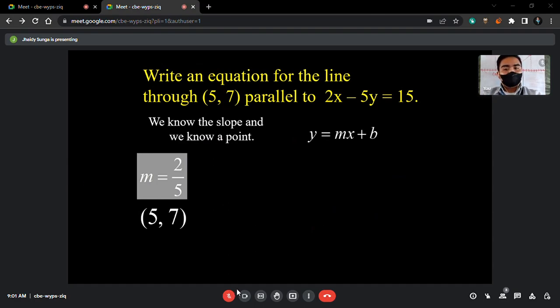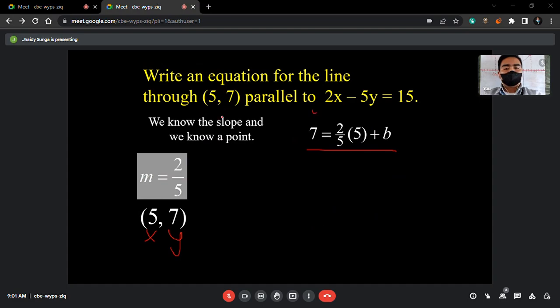Then we substitute all the givens that we have, which are your point and your slope. What is your point? Your point is (5, 7). You replace the 5 and 7 for x and y.